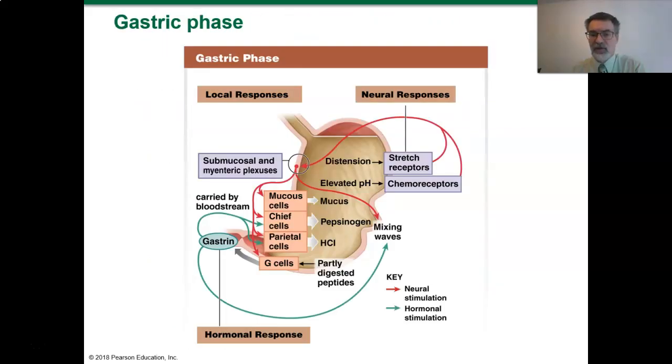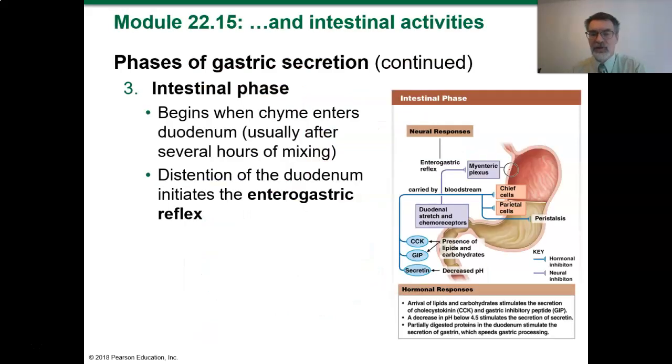Right, so that's going to involve all of those cells and factors we talked about earlier. Once the gastric phase has digested our food, or at least mechanically digested our food and partially chemically digested our food, the factors can cause the pyloric sphincter to relax, and that again will allow chyme to start entering into the duodenum.